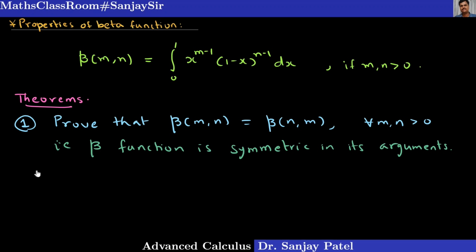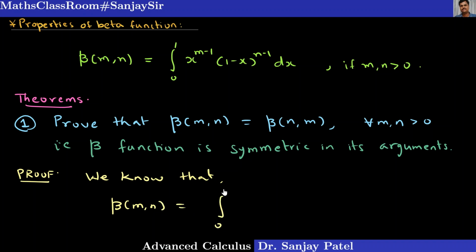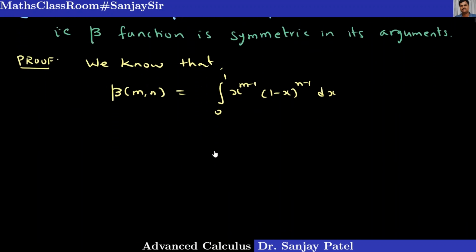Let us prove. We know that beta m comma n is equal to integral 0 to 1 x raised to m minus 1 into 1 minus x raised to n minus 1 dx. That is our definition of beta function. Let me take some substitution to prove the result.